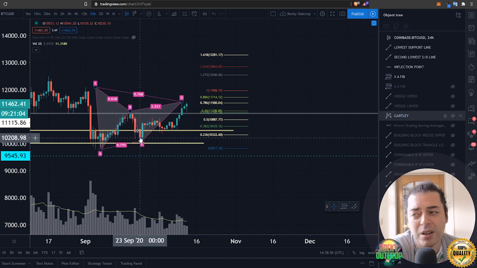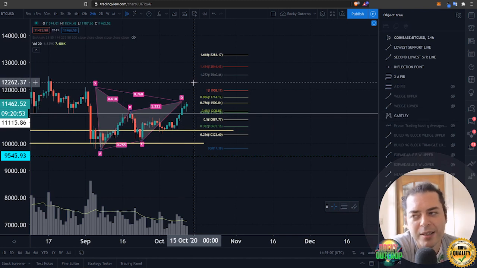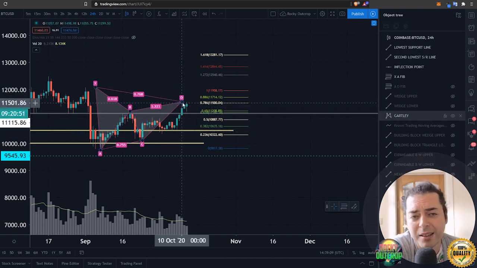And in terms of whether or not a pattern works or fails, you have to remain agnostic on it, and we can say that this D point here is another key area. If we push past this zone and the Gartley becomes invalidated, then an invalidated pattern is as much of a tradable event as a validated one.